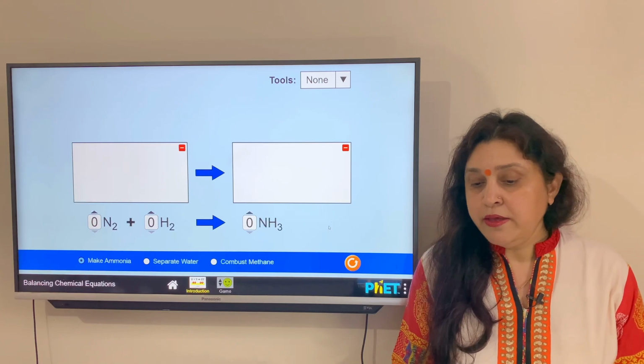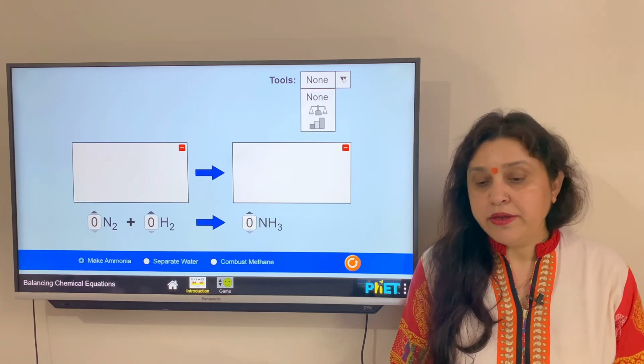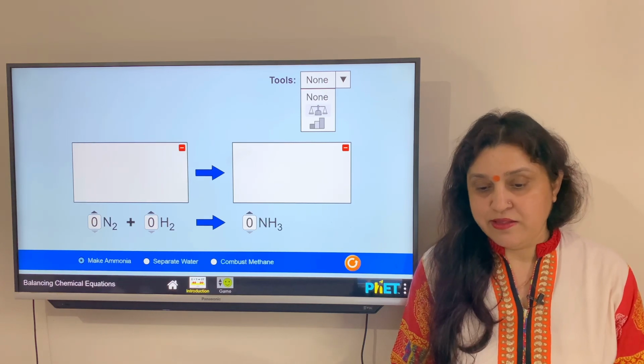Now let's see, this is the drop down. It has two options and we will select this above option, this Balance.